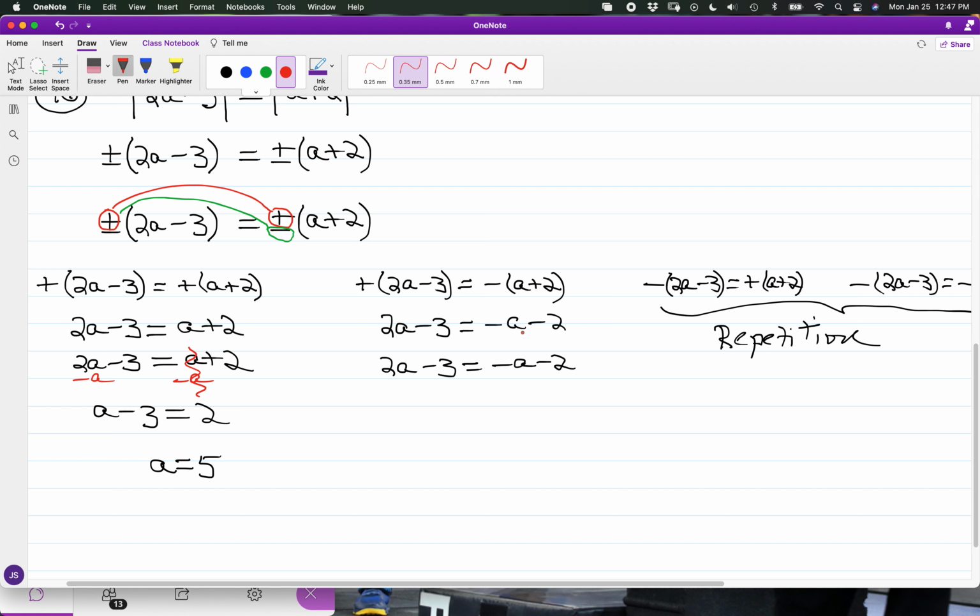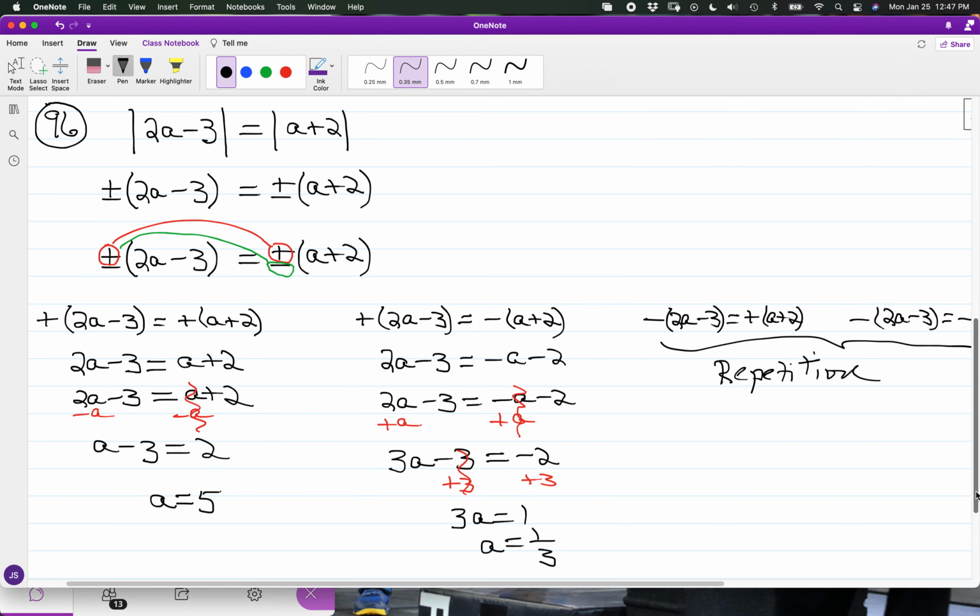If I combine what I have in the variable a, I'm going to take out the smaller variable term, and this will be done by adding a to both sides. So we have 2a plus a is going to be 3a. We have minus 3 is equal to negative 2. And here we have a two-step linear equation. So if I add 3 to both sides, we have that 3a is equal to 1, and we have a division by 3. Okay, a is going to come out to 1/3.